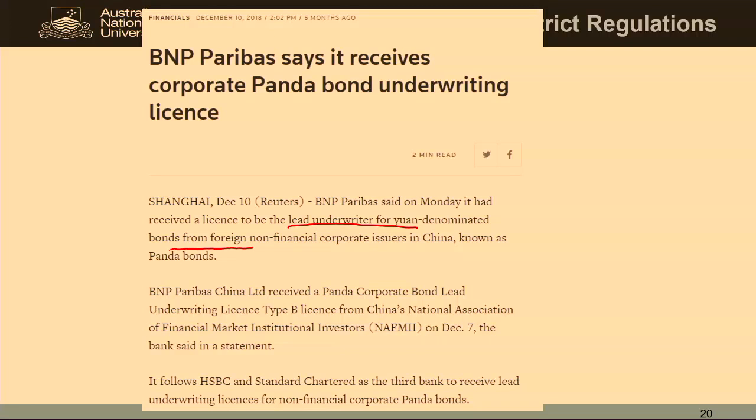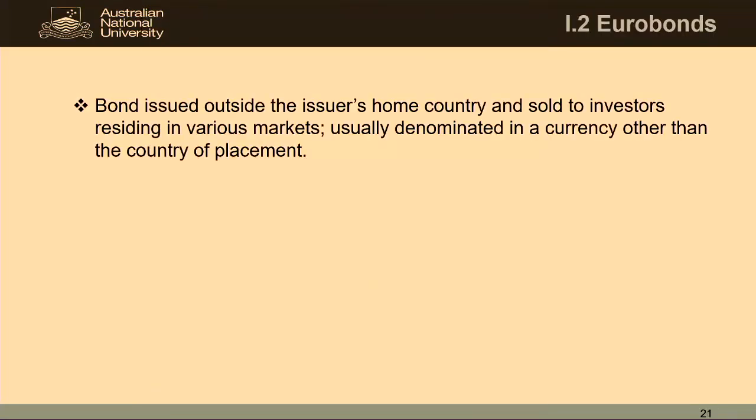So these are usually very tightly controlled. And it is the third bank following HSBC and Standard Chartered Bank to receive a license to issue panda bonds in China. So if you are a foreign company and you want to issue panda bonds in China, then you have to go through either HSBC, Standard Chartered, or BNP Paribas in order to do it. Okay? You can't just go to anyone.